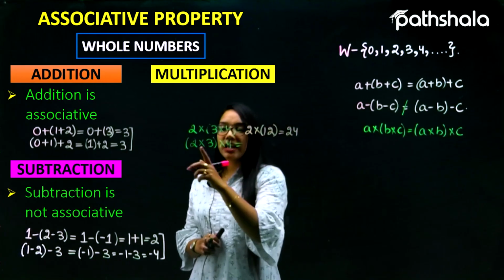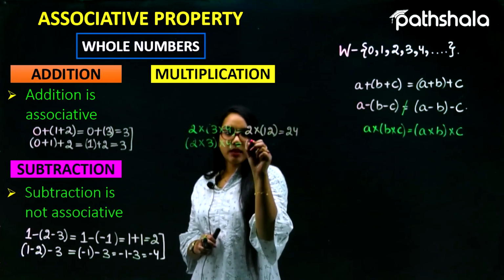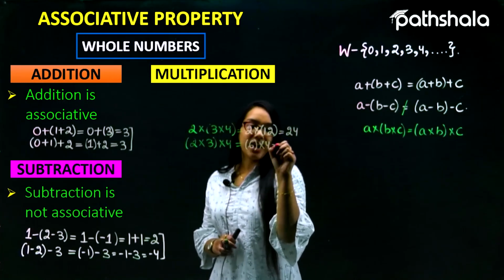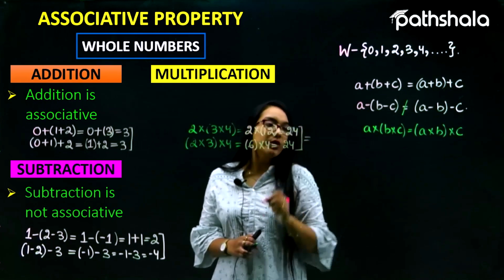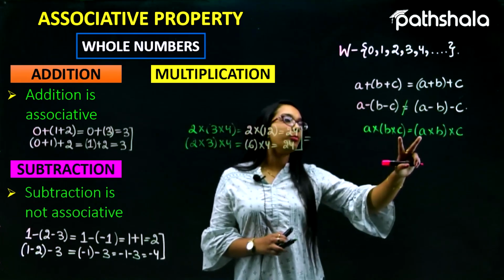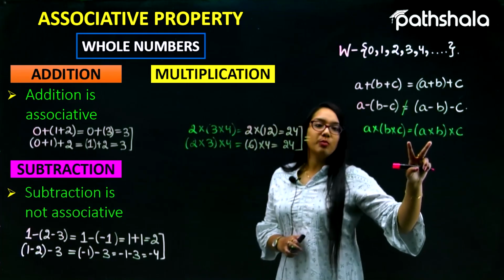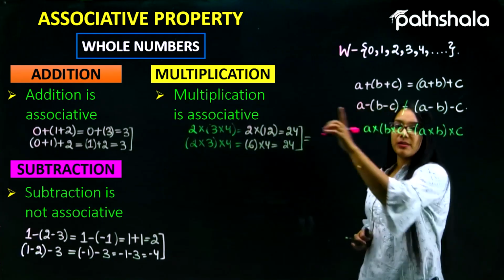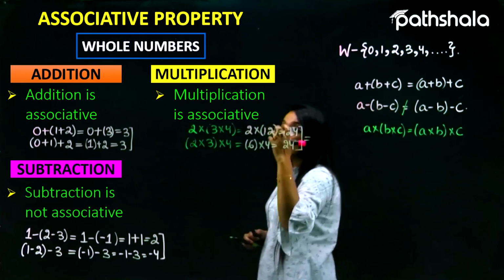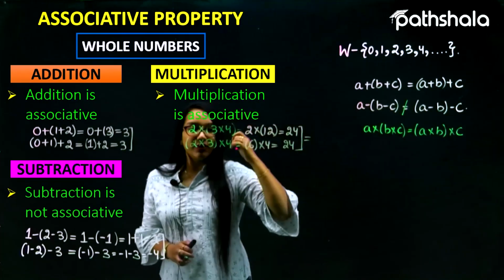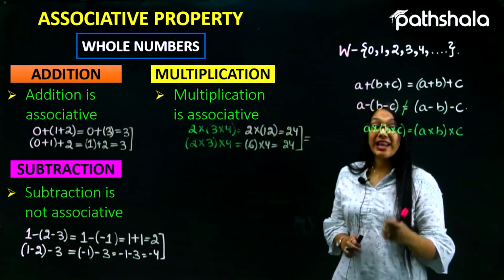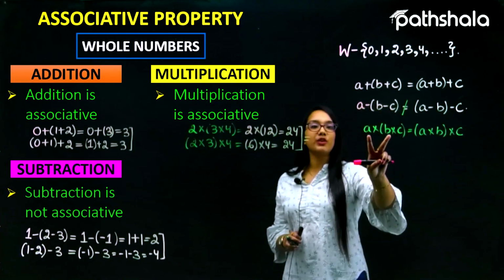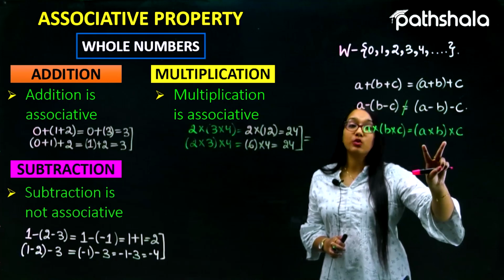But for the second case, 2 into 3 is nothing but 6, into 4, and the answer is 24, which means that both of them are equal to each other. Hence, A into (B into C) is equal to (A into B) into C, which means that multiplication is associative in nature. Because of this example, we have concluded that multiplication is associative for any three whole numbers.